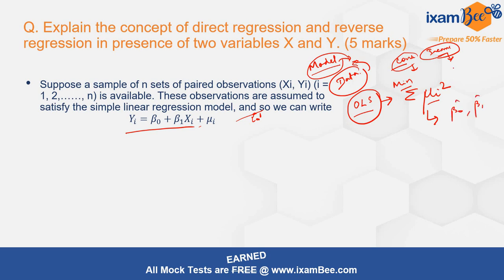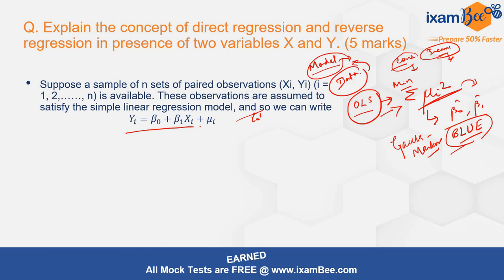These estimates are best linear unbiased estimates, that is, BLUE. This comes from the Gauss-Markov theorem itself: among the class of all linear unbiased estimators, these will have the minimum variance. So these are the best linear unbiased estimates that you get while minimizing the sum of squares of the error terms.